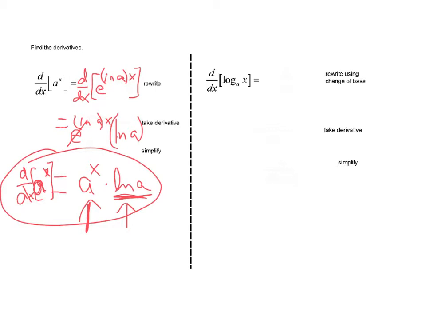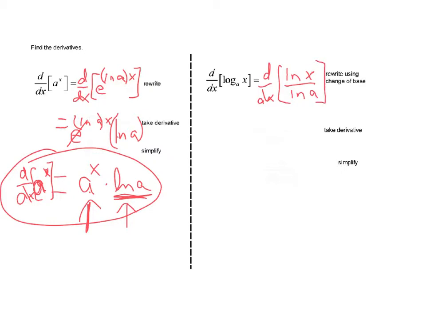Now, how about the derivative of logs base a? Well, first we're going to rewrite again. We have to use the change of base formula. If you don't remember the change of base formula, it's log x over log a, but we're going to use natural log because we know how to take the derivative of natural log. So we're going to have natural log x over natural log a.